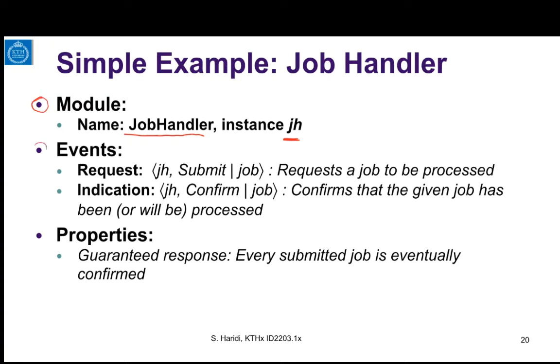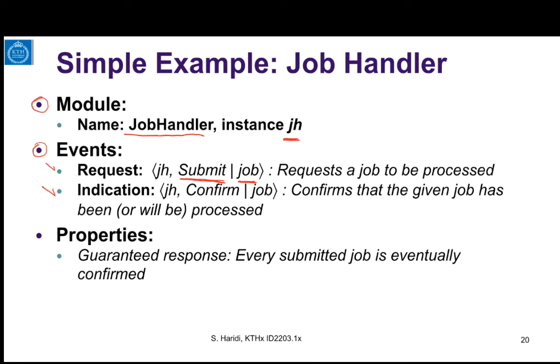Then we look at the events. We are going to have a set of request events and indication events. In this case, for the job handler, there is only one request event. The name is submit, and the argument is the job. So with a request event, the environment of this component requests a job to be processed.